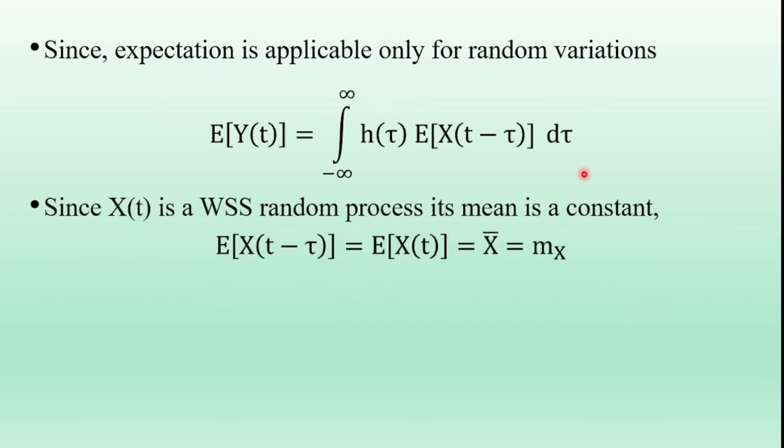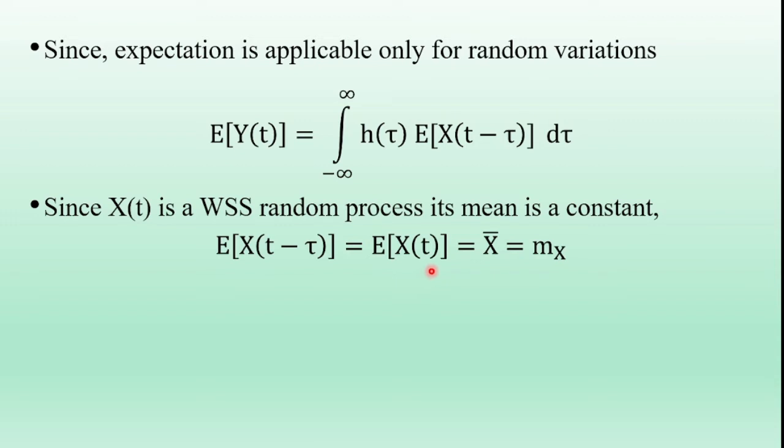Since the random process x(t) is a wide sense stationary random process, its mean is a constant value. So that is E[x(t − τ)] is equal to E[x(t)]. x(t) is a stationary random process, and the condition of a stationary random process is a constant mean value. So E[x(t − τ)] is equal to E[x(t)].